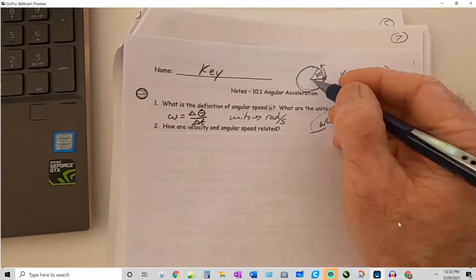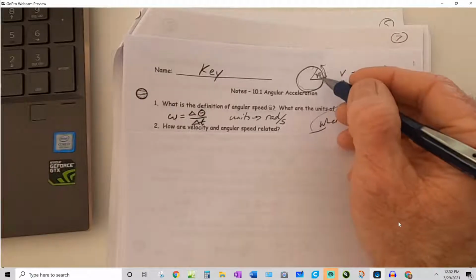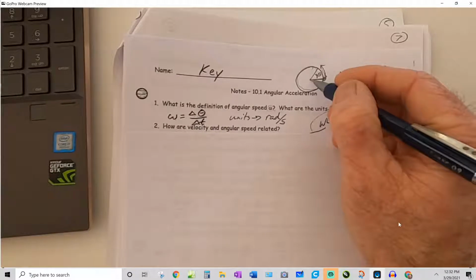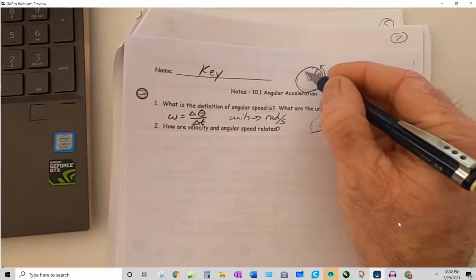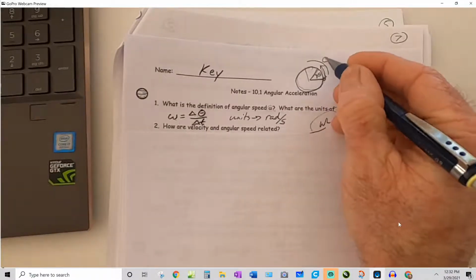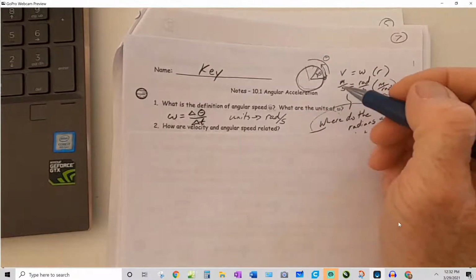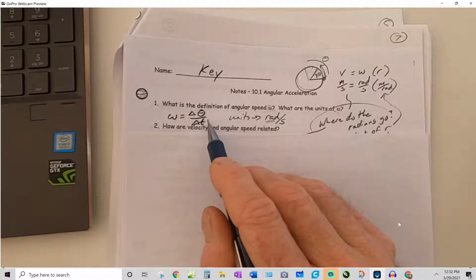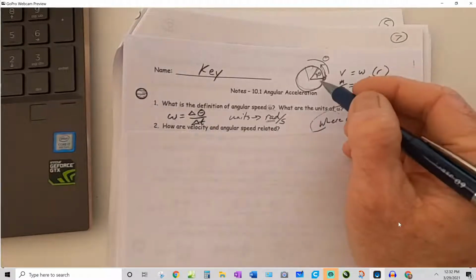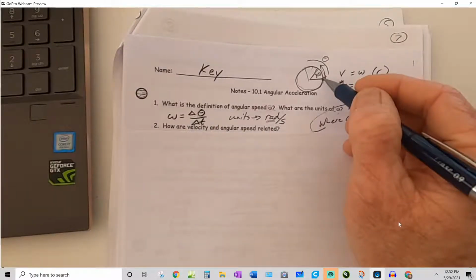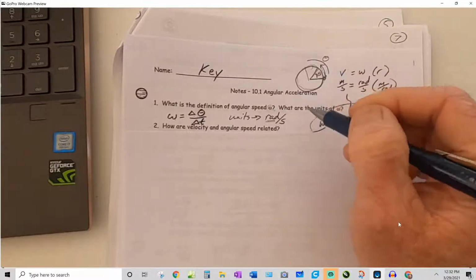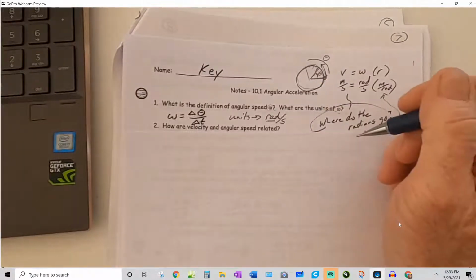Before we rotated through that, I don't really know that there was an angle to begin with, so to call it change in the angle is a little weird. But if I went from here to there, and then I got this new angle, then the change in angle would make sense. But at any rate, it's radians per second. Those are the units for this. And it's just talking about how many radians something is rotating through or sweeping through every second in a circular rotational pattern.